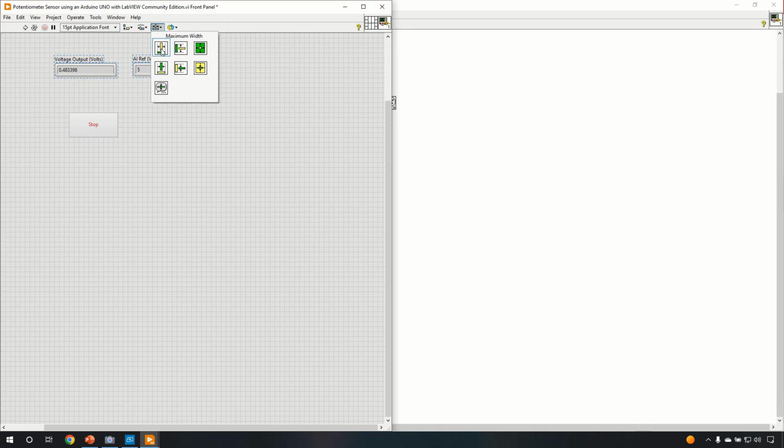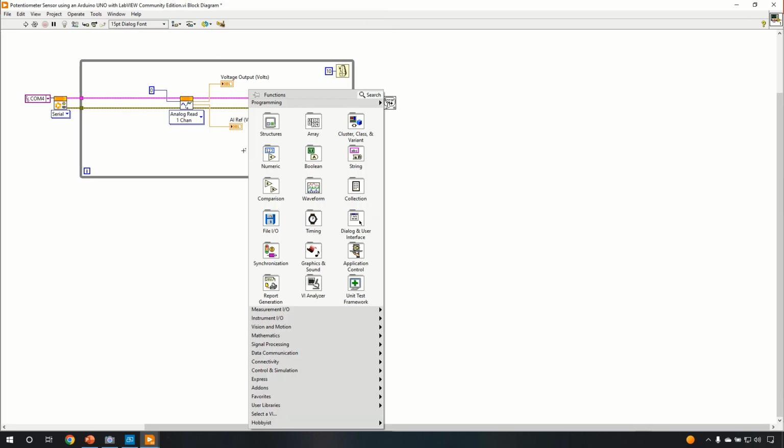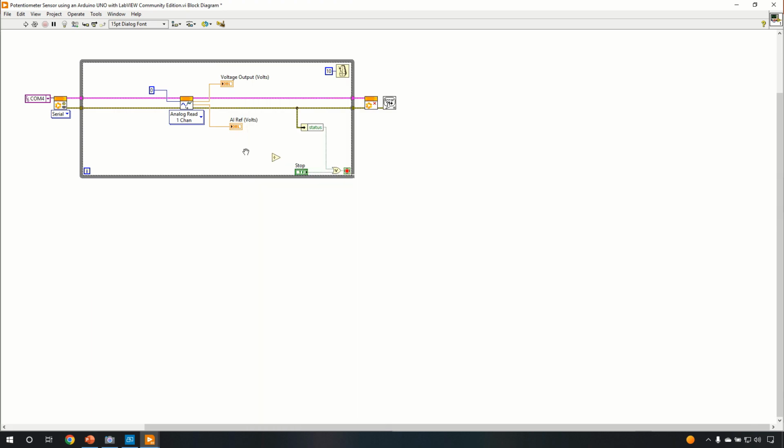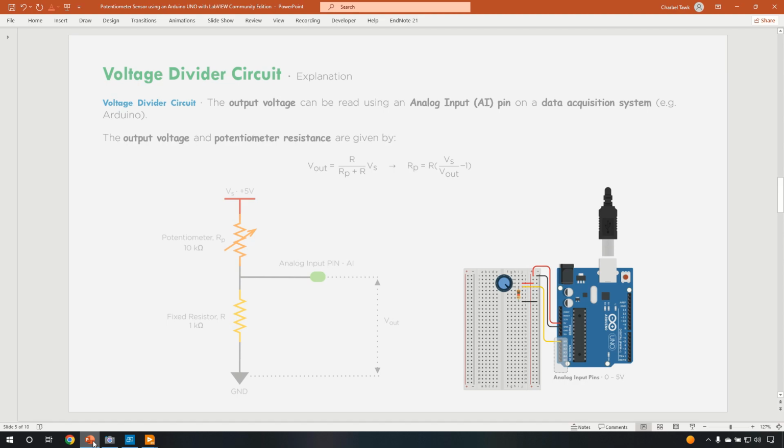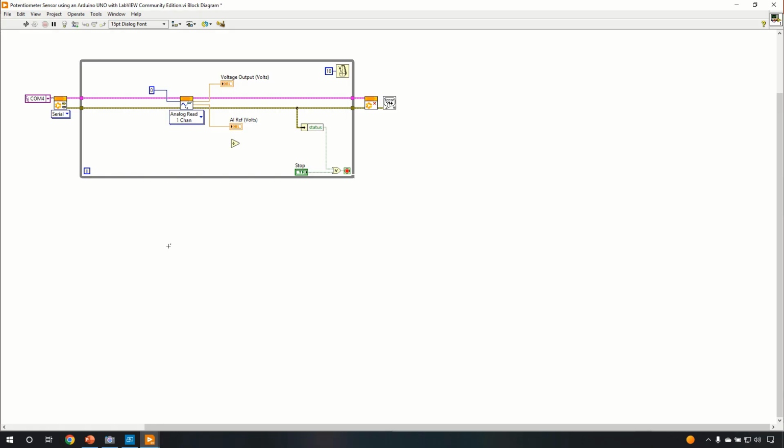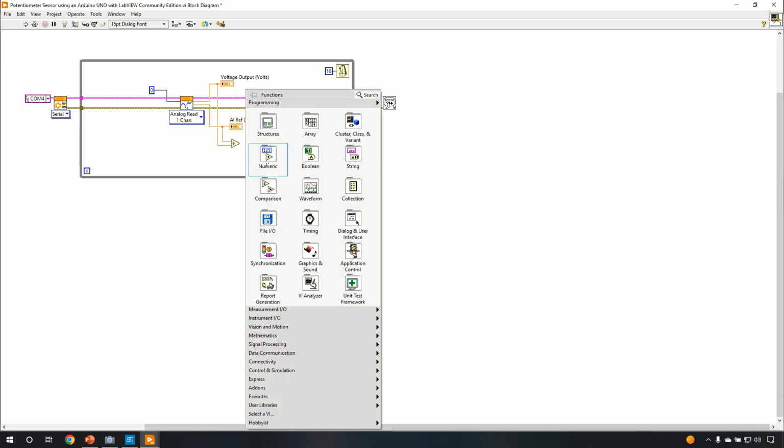So let us just make these the same size. So first of all, we're going to need to have the divide right here, and I'm going to divide Vs over Vout. So we have Vs over Vout minus 1.